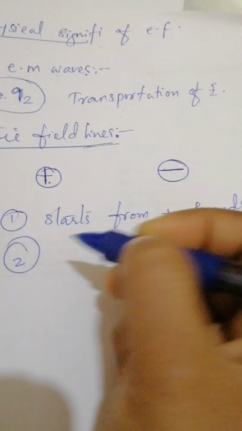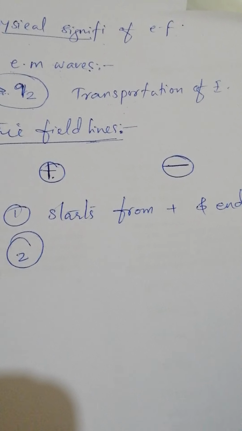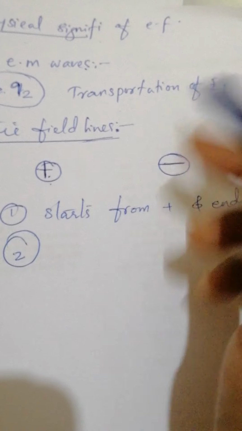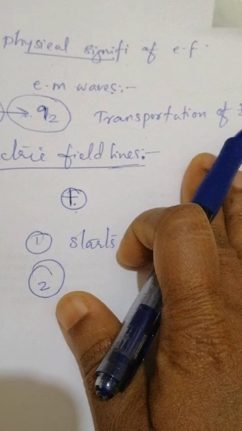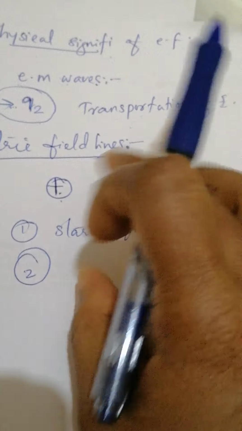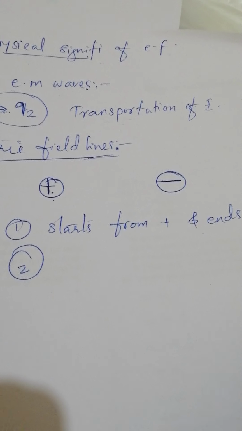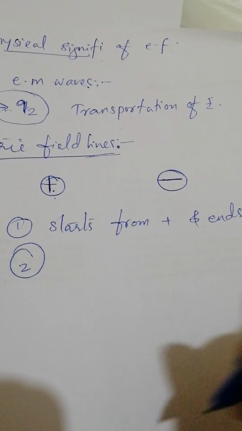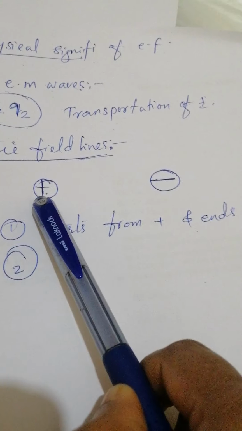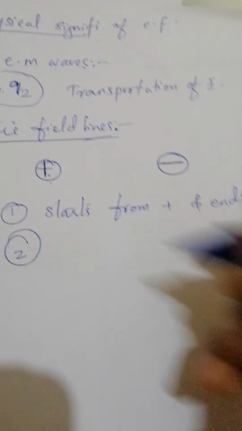And the second point is that if there is only a single charge, consider only a positive charge, then it starts from here, correct, and ends at infinity. So for a single charge, it starts from one point and ends at infinity.